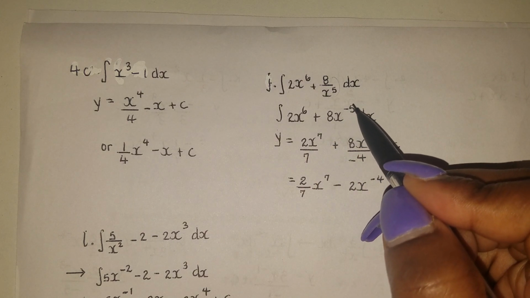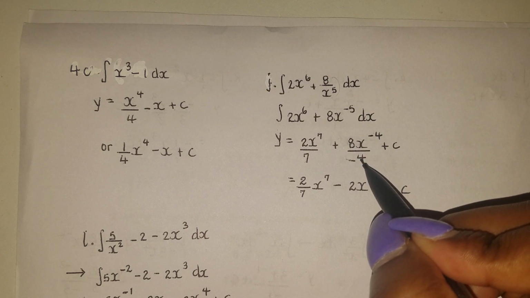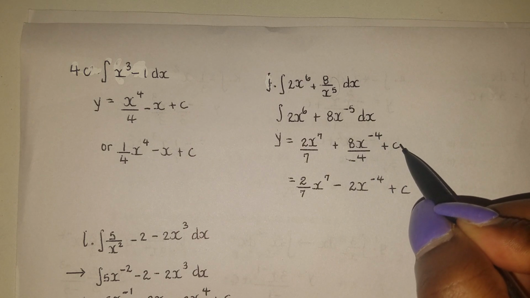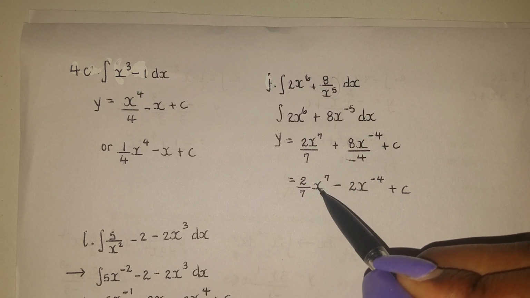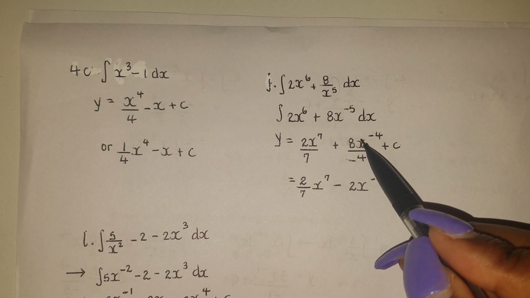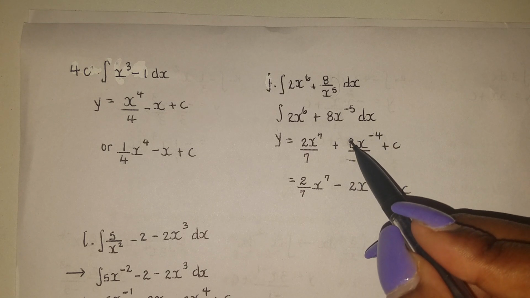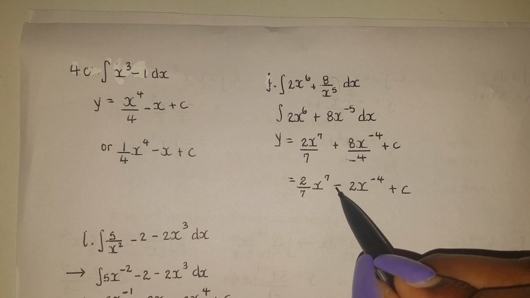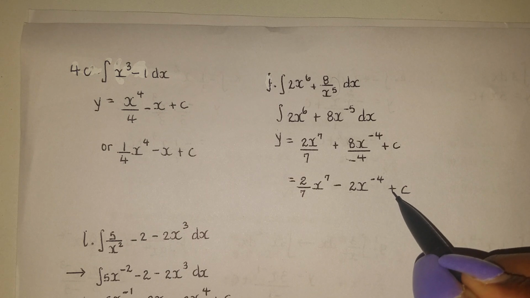We add 1 to this power of negative 5 to get negative 4 and divide by that negative 4 plus c at the end. So when I simplify, this is the same as 2 over 7x raised to the 7. But since this is a positive divided by a negative, we get 8 divided by negative 4 and negative 2, and we write back our x raised to the negative 4 plus c.